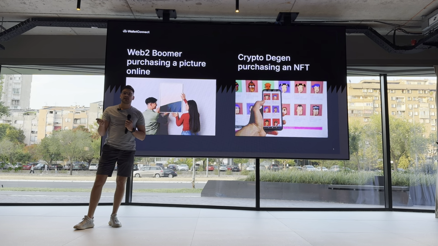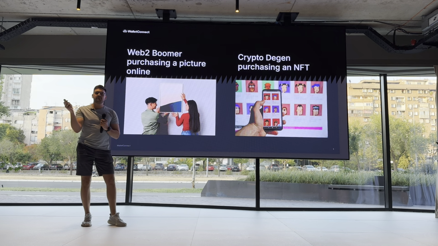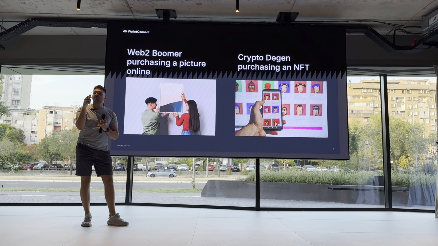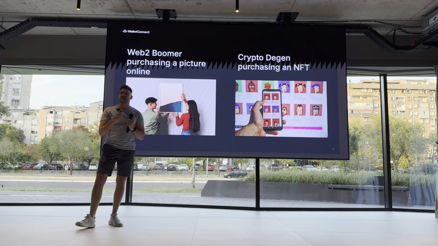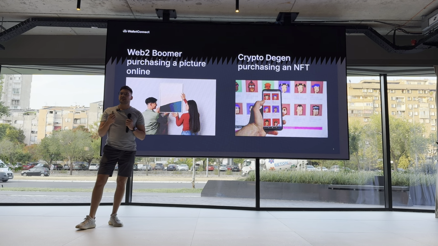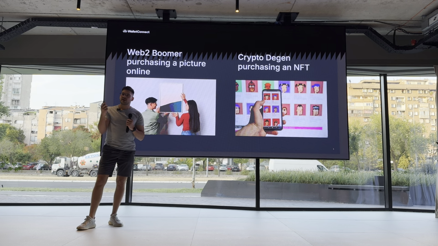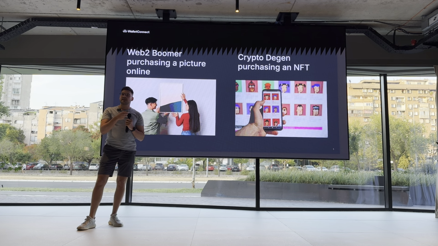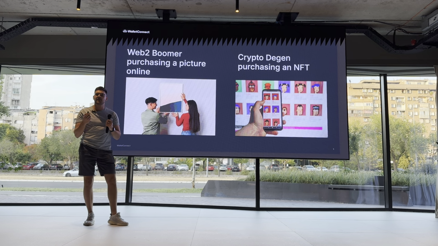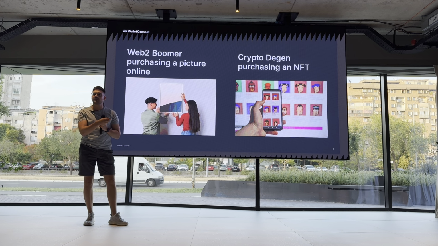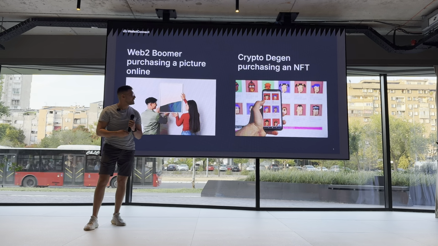I go there, I again connect my dApp to my wallet. I put in what is my chain now, what is my chain later. I bridge the assets, but then again I'm presented with an error because I don't have enough funds, because I'm trying to bridge USDC, but I need to pay in Ethereum, and I don't have Ethereum because I don't know what it is. I have only USDC, and I want to purchase my crypto monkey picture.